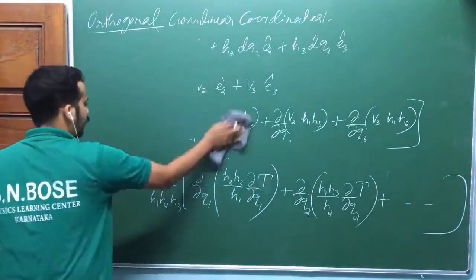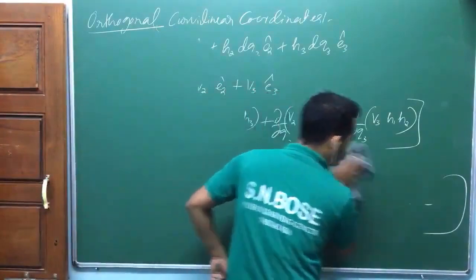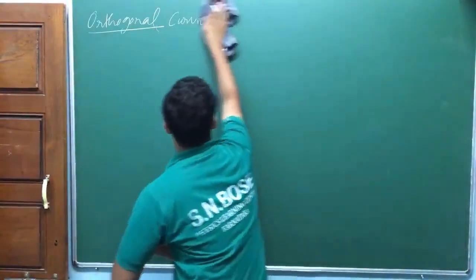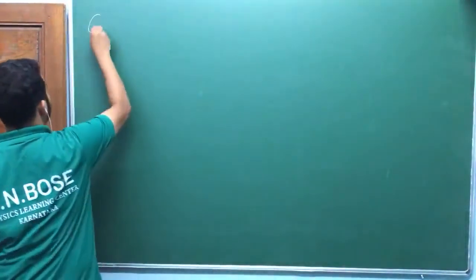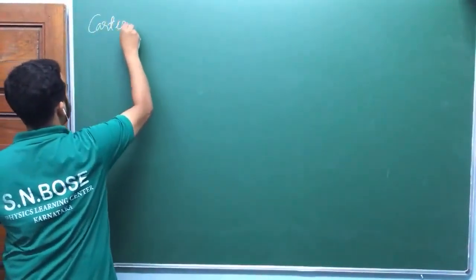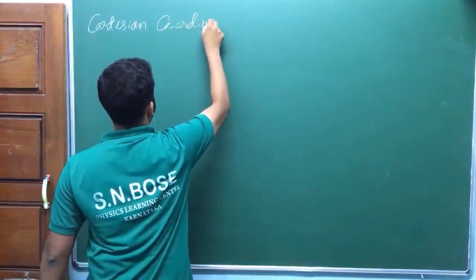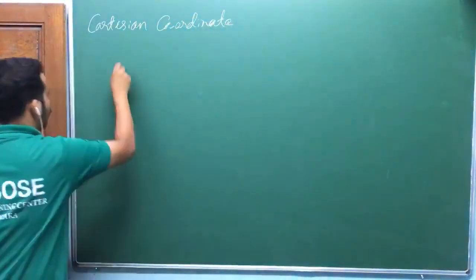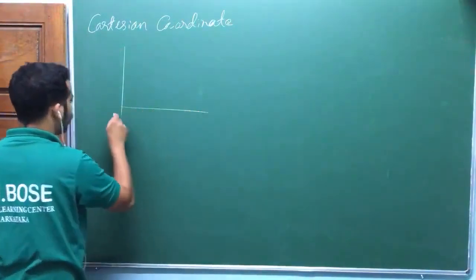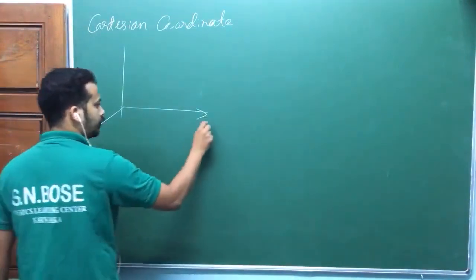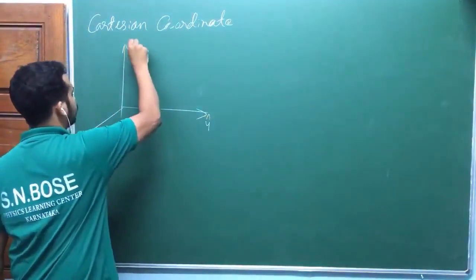Now let me go for Cartesian coordinates. So first thing is you have to define the dr vector, okay? x cap, y cap, z cap, isn't it?